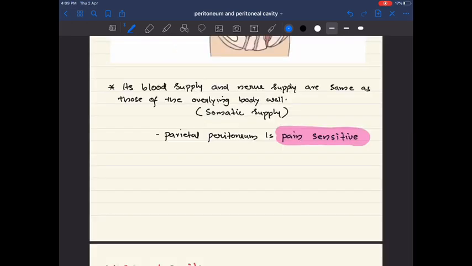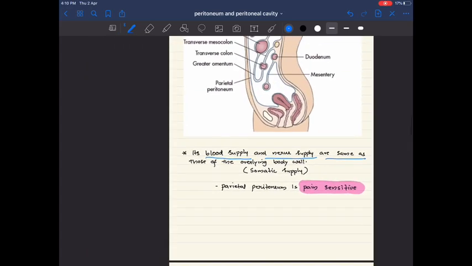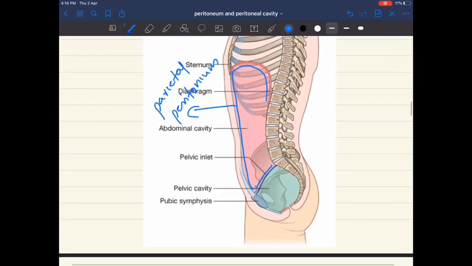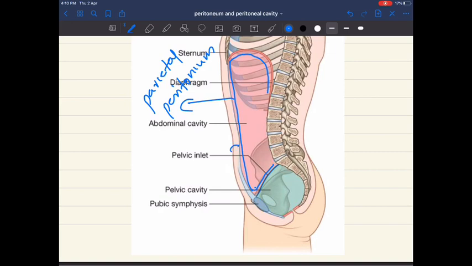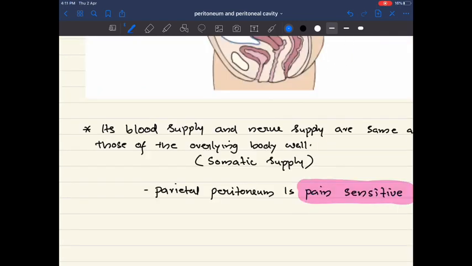So in parietal peritoneum, the blood supply and the nerve supply are same as those of the overlying body wall. Okay, which means if this portion of your abdomen is given by a blood artery and nerve, it is the same artery which supplies this portion of parietal peritoneum also.